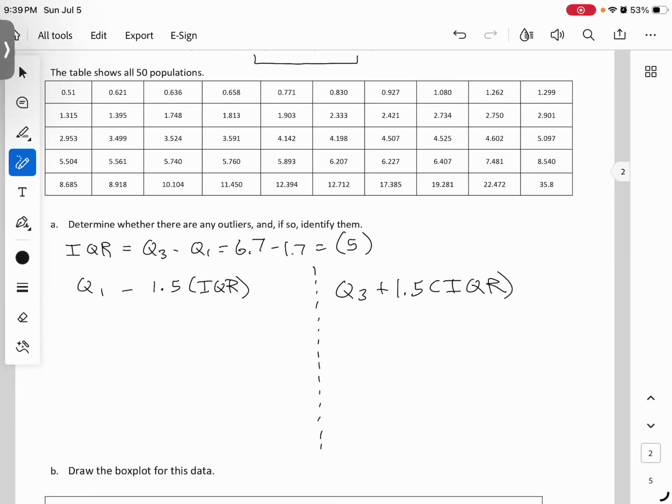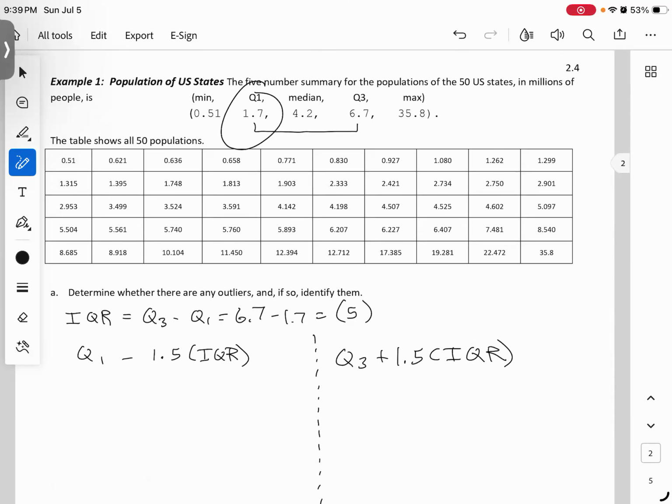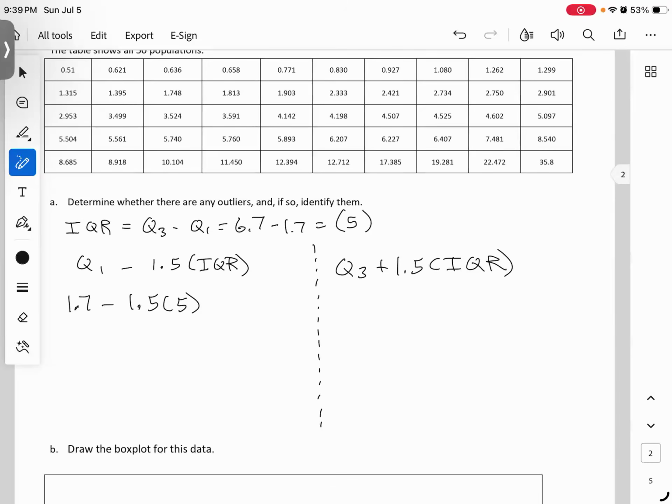And so you get your Q1, which again is the 1.7, minus 1.5 times the IQR. Now that's something that you would just want to put into a calculator, and it's going to give you your lower cutoff. And anything below that lower cutoff should be counted as being an outlier.